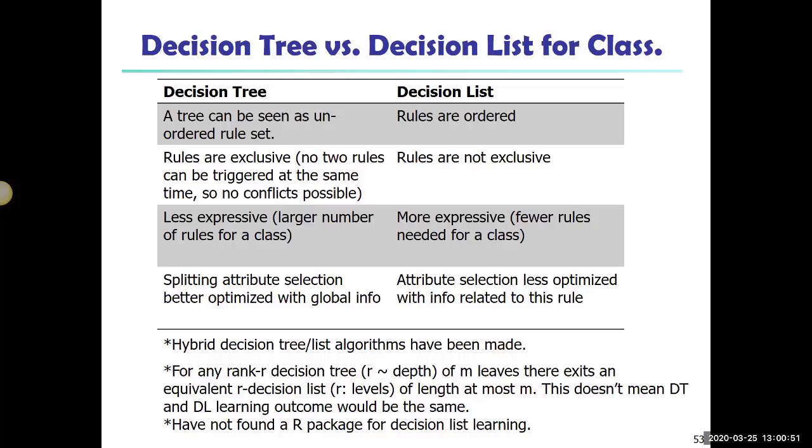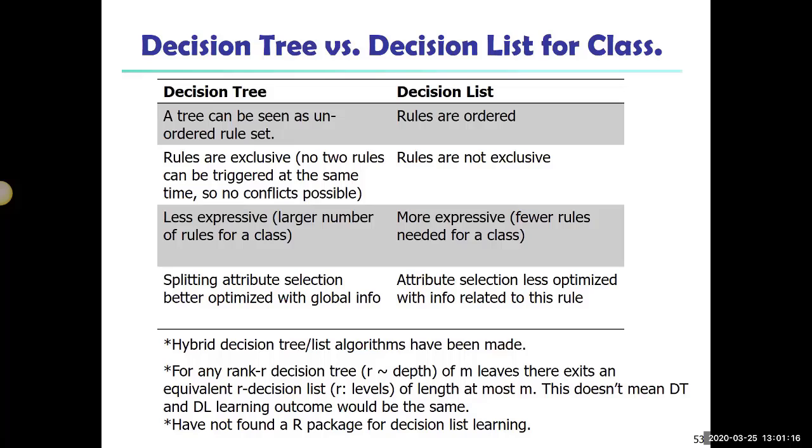So we talked about decision tree and decision list last week, and this is a time that we can summarize the difference. They have different optimization goals. The decision tree wants to drive the nodes to become purer and purer.